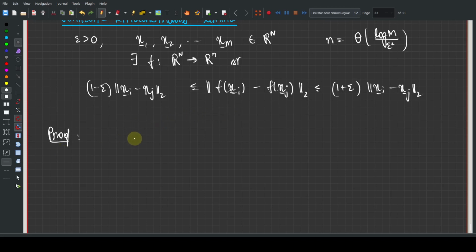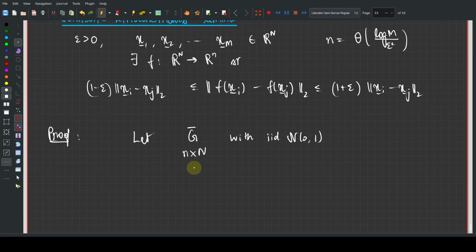Correct? So let us choose a matrix G bar, which is a small n by capital N matrix with IID Gaussian entries. Every entry of this G bar matrix is a Gaussian random variable with 0 mean and variance equal to 1.